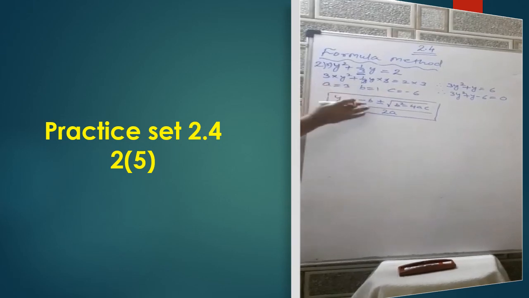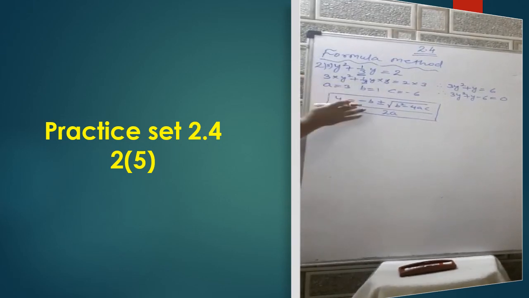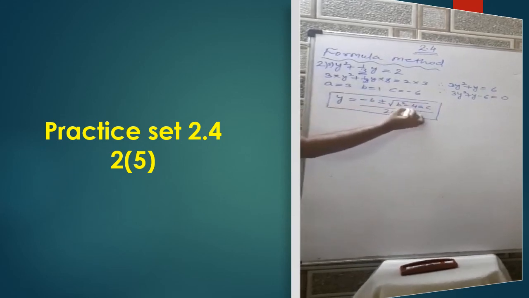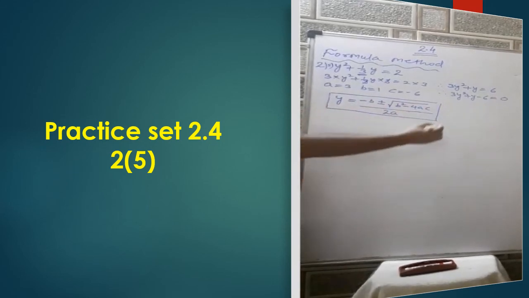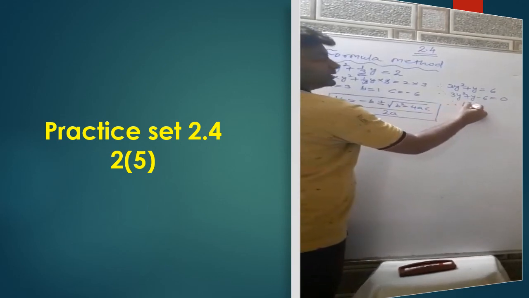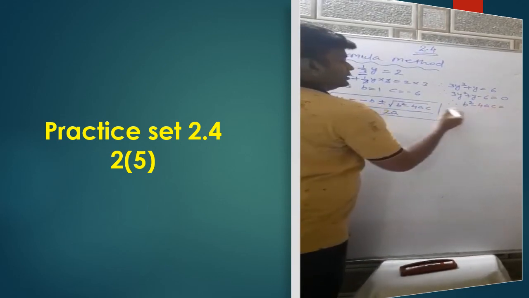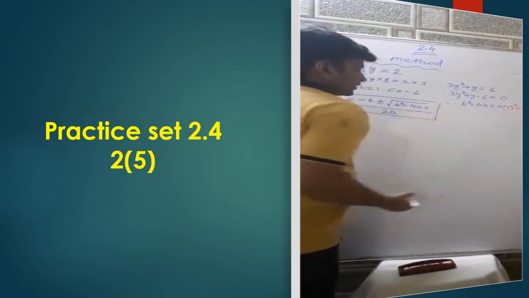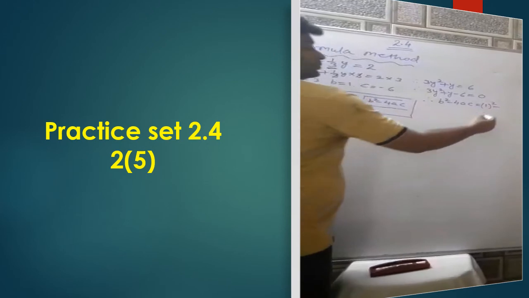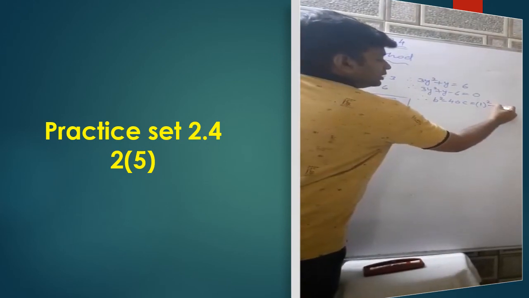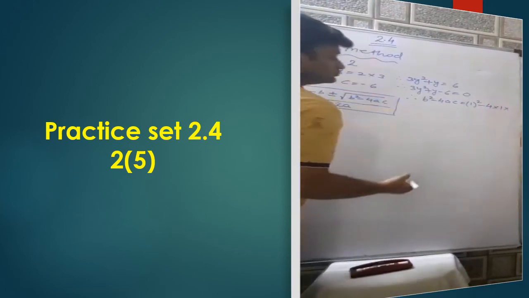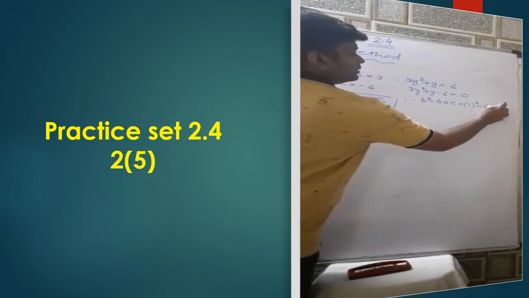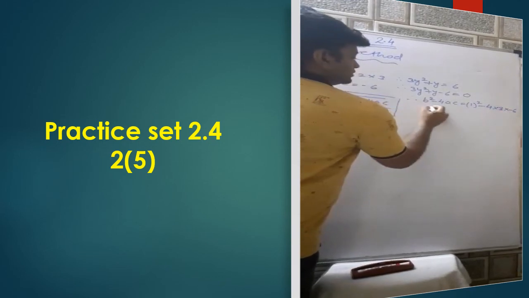Now these values we can substitute in the formula. For the formula, we find the value of b square minus 4ac. So b square minus 4ac, again the b value is 1, so we write 1 here, minus we write 4 into a, a is 3 and c is minus 6.